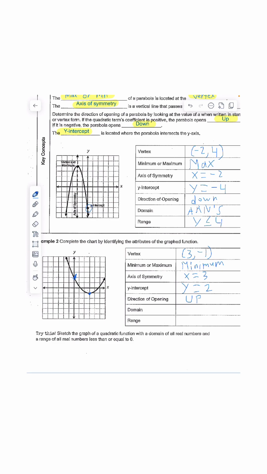And for the domain, I'm going to use interval notation for this one example. It'd be -infinity to +infinity. And the range can be going from the bottom to the top of the graph. So my bottom is the -1, and going to the top, which is +infinity.